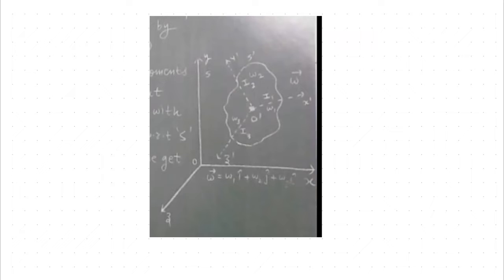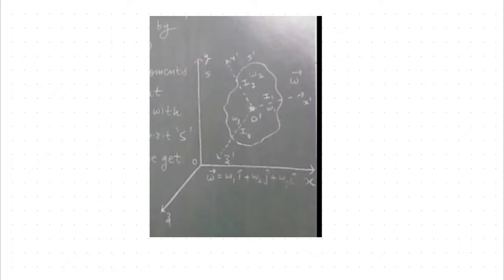A principal axis is an axis of the body for which, in the moment of inertia tensor matrix, only the diagonal elements exist and the non-diagonal elements are zero.